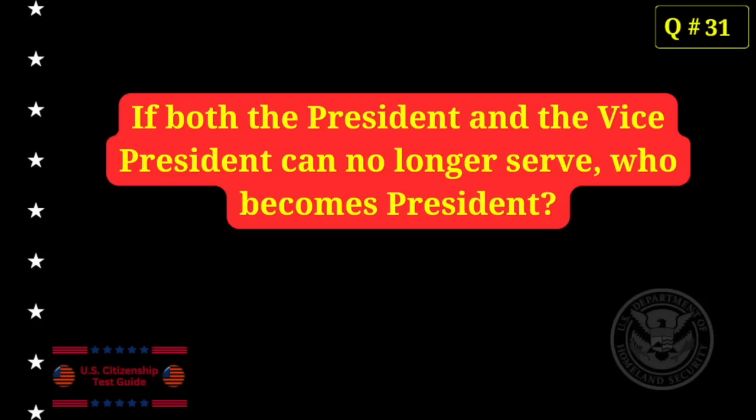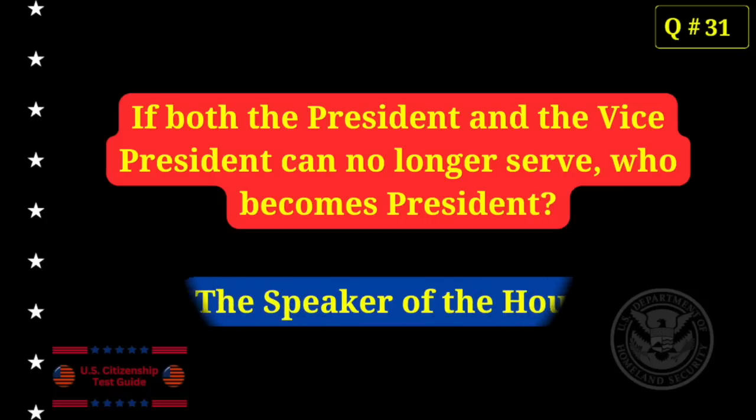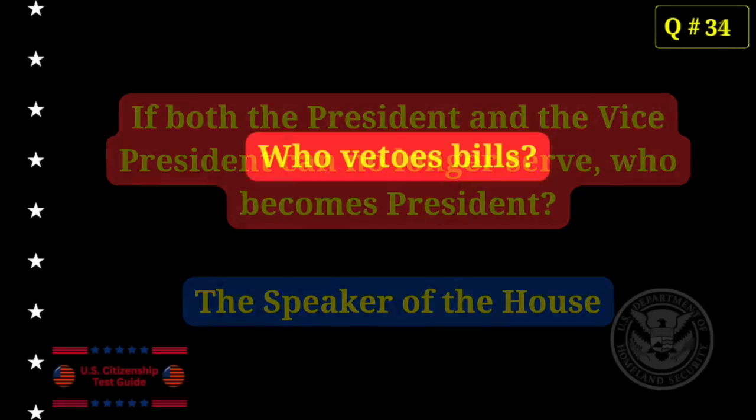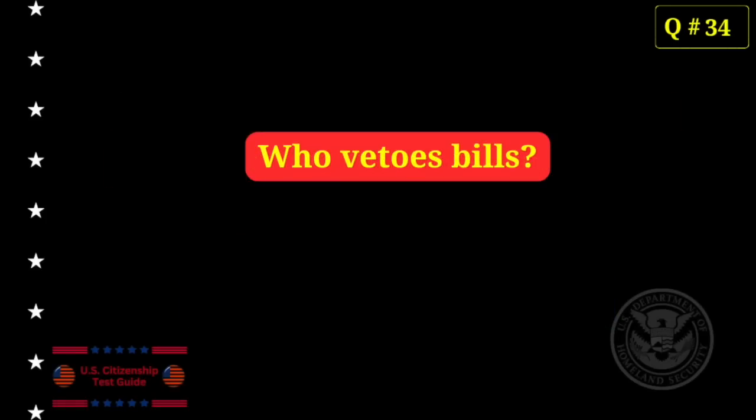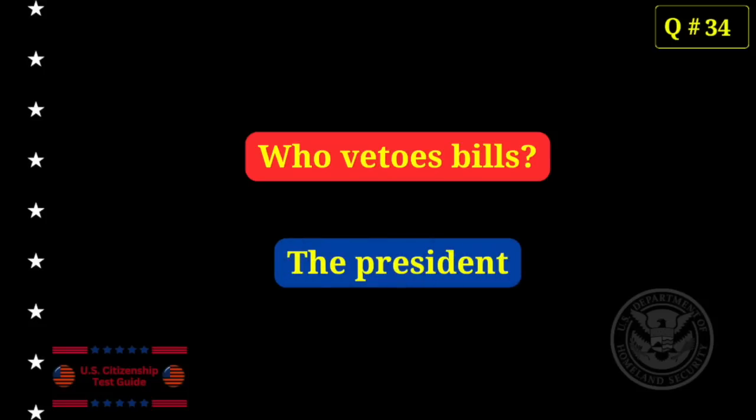If both the president and the vice president can no longer serve, who becomes president? The Speaker of the House. Who vetoes bills? The President.